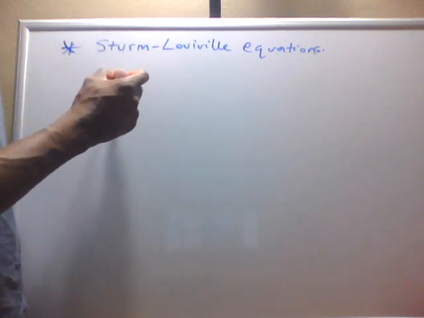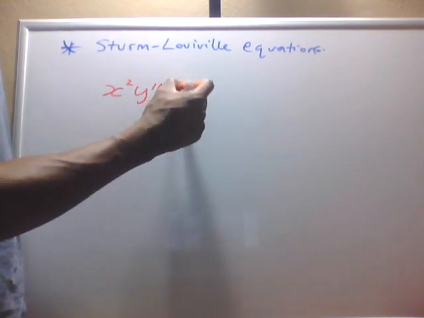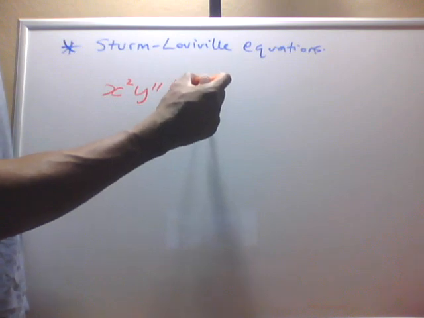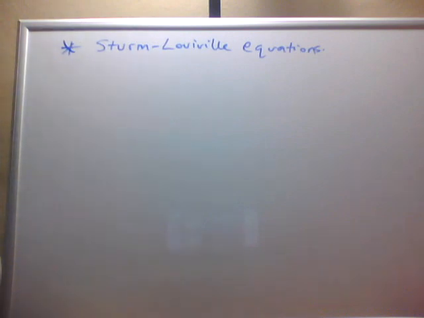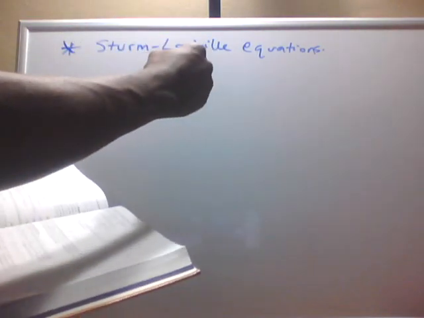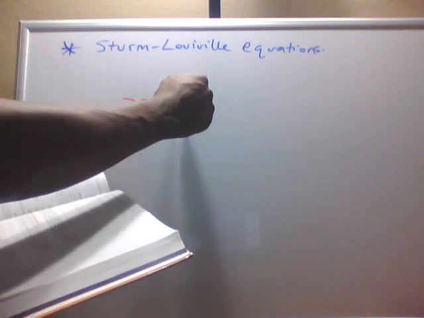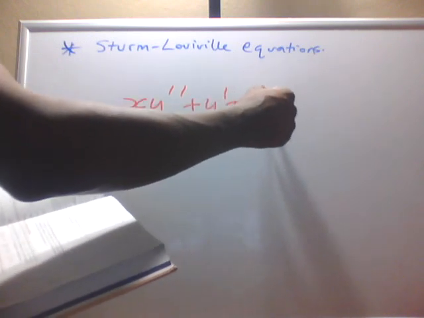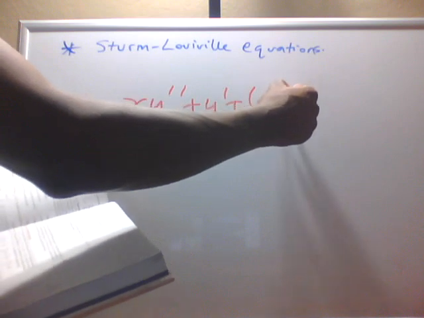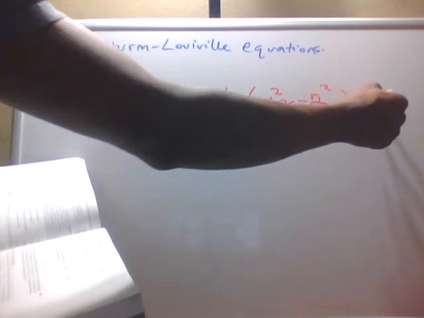We had said that we had a form x squared y double prime plus x y prime, or when we recast it to the appropriate Sturm Liouville form, it was x y double prime plus y prime plus alpha squared x minus n squared over x, y equals 0.